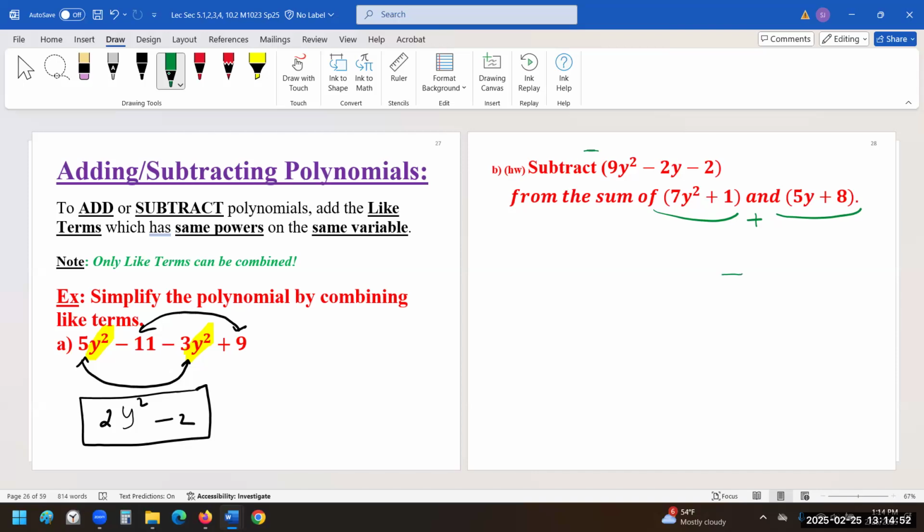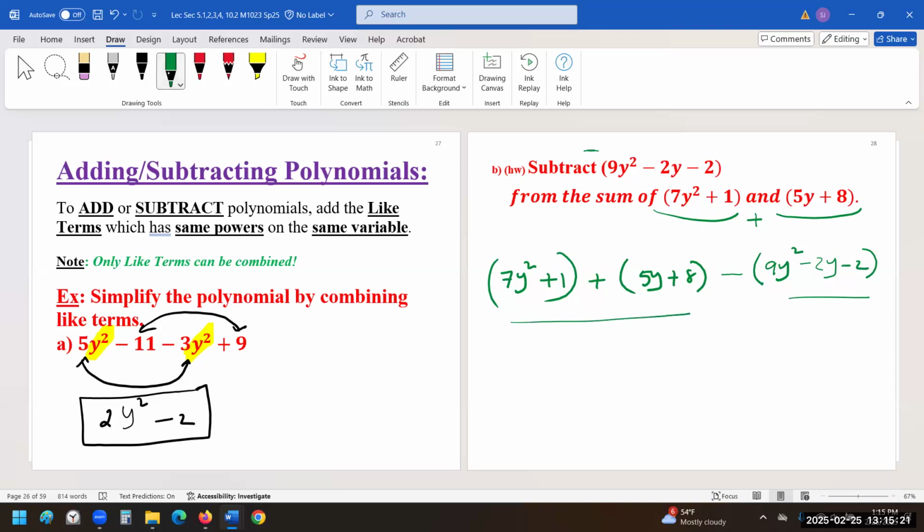So you're subtracting 9y squared minus 2y minus 2 from the sum of the first two, 7y squared plus 1 plus 5y plus 8. So sum of these two means you're adding them, and then subtract means subtracting. So subtract these from them.